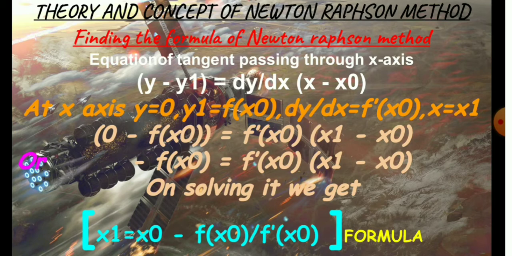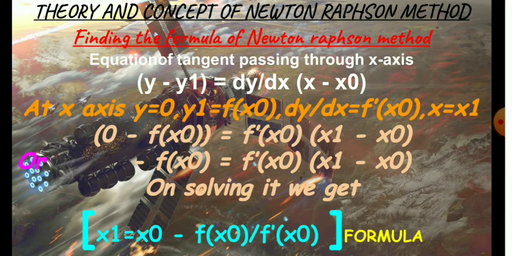At the x-axis y equals 0, y1 equals f(x0), dy by dx equals f dash x0, and x equals x1. Substituting these values we get minus f(x0) equals f dash x0 into x1 minus x0. On solving we get x1 equals x0 minus f(x0) by f dash x0.